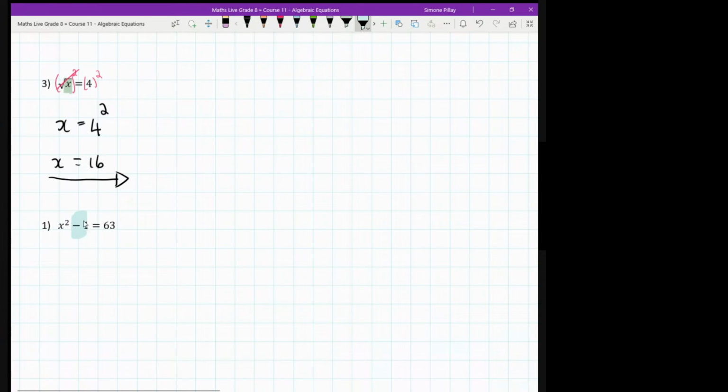So this minus 1 is a term. I'm going to take that, transpose. What am I going to be left with? Remember, when we transpose, sign changes. Okay, x squared is equal to 64.